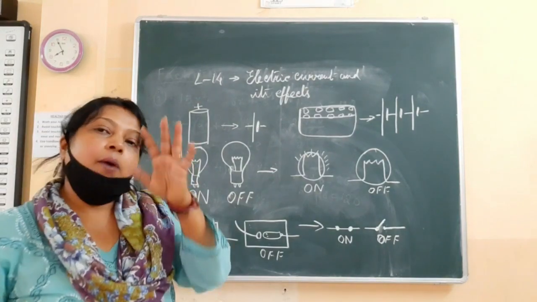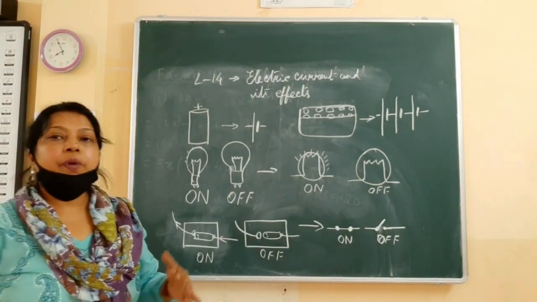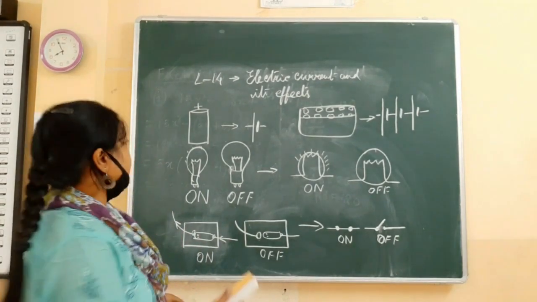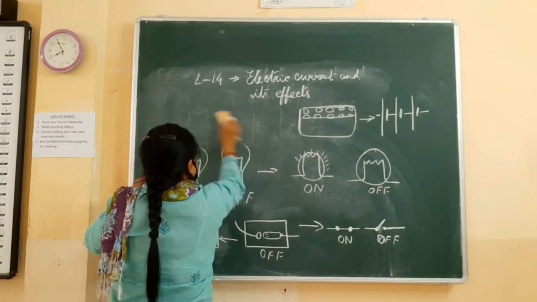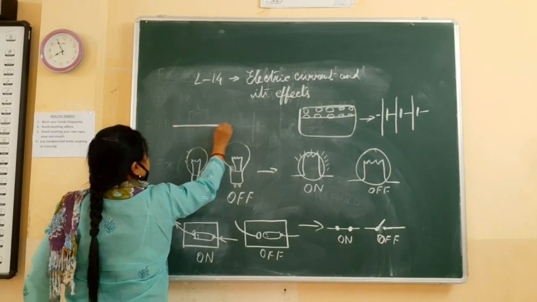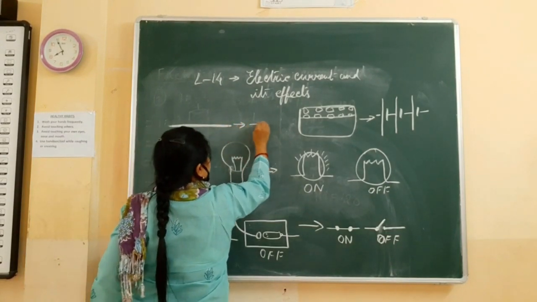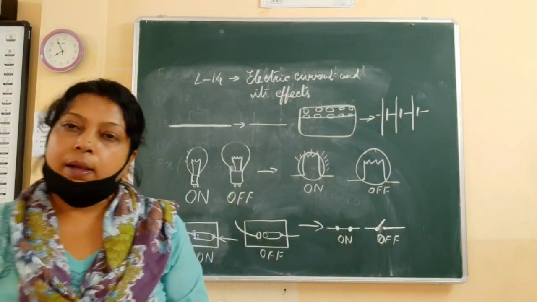And now the wire. How do we make the symbol for the wire? So this is the wire, and the symbol of the wire is a thin line.